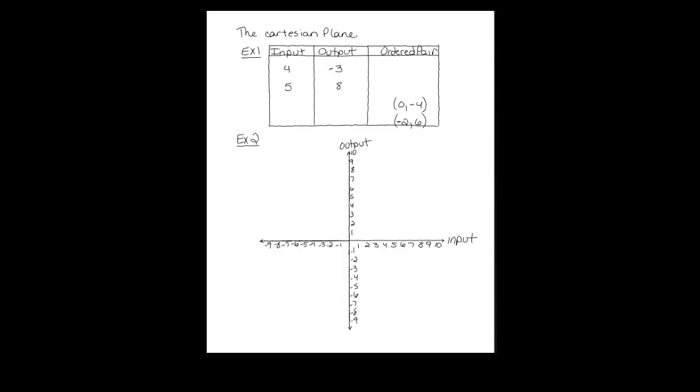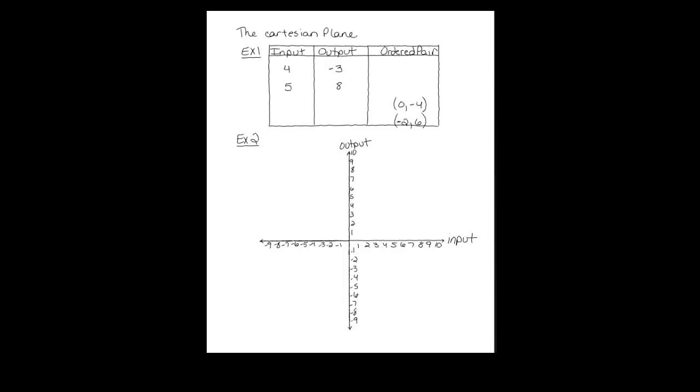Now, one of the ways of representing this relationship between an input variable and an output variable is a table of values like the one shown in example 1. Here, the column on the left lists the input values. The column on the right represents the output values. Now, each row gives you a specific case of or pairing of an input value with its corresponding output value.